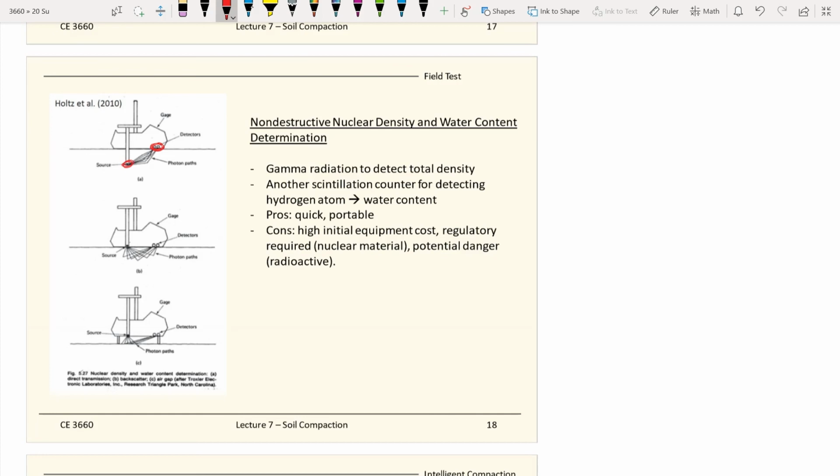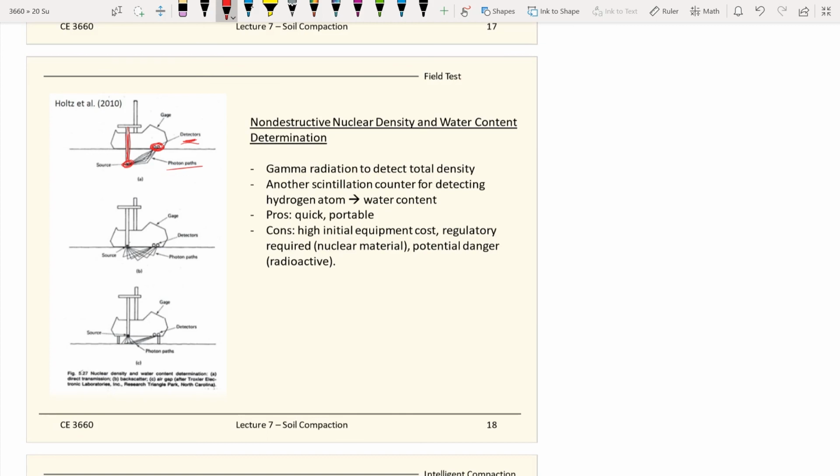What we do is you go on site, punch your holes, and lower down a little rod right here with the radiation source, and then you activate it. So from the source to the detector is the photons' path right there.